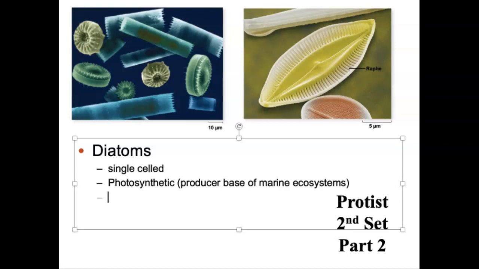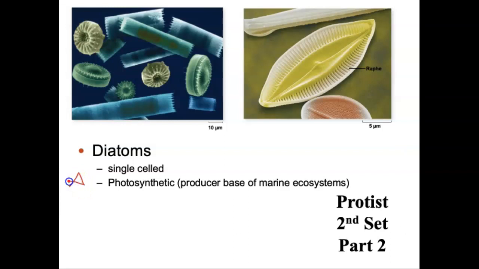So here's a big hint. Let me put the little star next to this. What I would encourage you guys to do is make notes. Which protists play a role in the producer base of the marine ecosystem? So yeah, you're going to need to jump back one of those lectures or look in your notes and go, what other protists did we talk about that also is a producer within marine ecosystems?